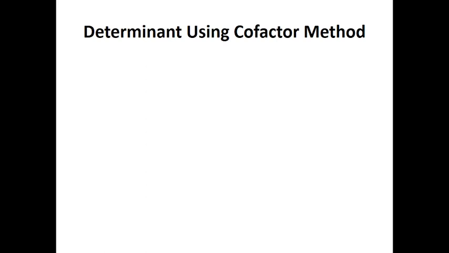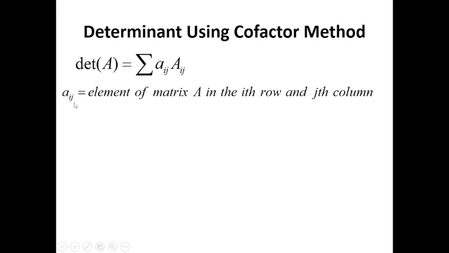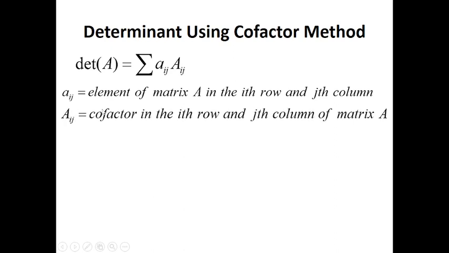Paano natin magagawa now. So, determinant of A is, ito siya, yung formula niya, summation, Aij, Cij, no? So, ang Aij is the element of matrix A in the ith row and jth column. Cij we call as cofactor.